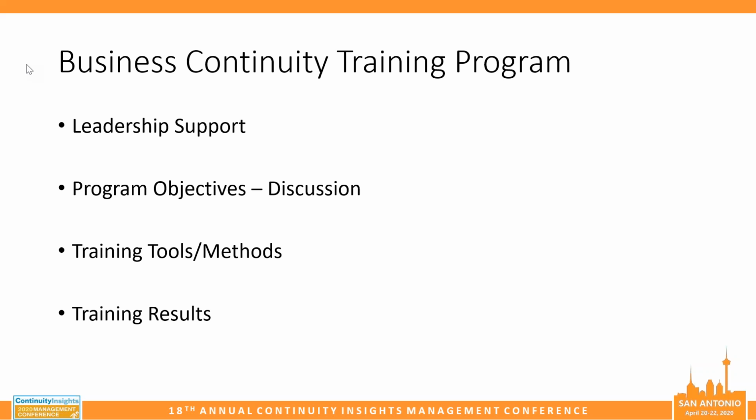And then you want to think about what are the program objectives, not of the entire BC program, but for the training. What are the tools and methods? And then how will you document the results of your training? I'm stating all of these items, however, the business continuity planner may not be responsible for each item. However, I want to highlight these so that you'll be aware of the things you should be looking for.